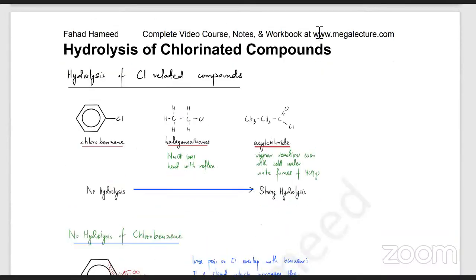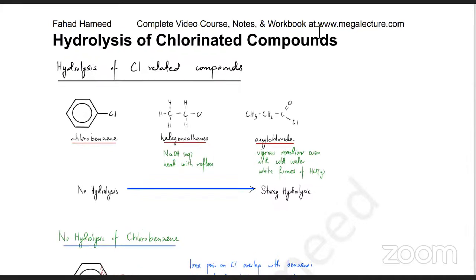Okay, hydrolysis of chlorinated compounds. Remember there are 3 compounds which are chlorinated: chlorobenzene, halogenoalkanes, and acyl chlorides. 3 of them.